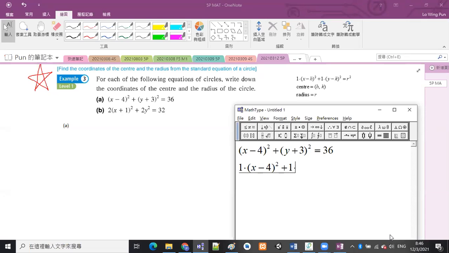But this is not minus. I mean the y. Y is adding 3. It is not subtracting a number. So we will write plus 3 as minus negative 3, bracket squared. Okay? Can you see this equals 36?